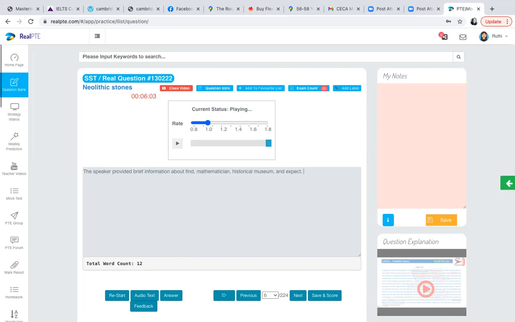Then say, first of all, the speaker discussed, and you put your next keywords, that is 5,000 years, dating back, stones, mathematics, a machine.